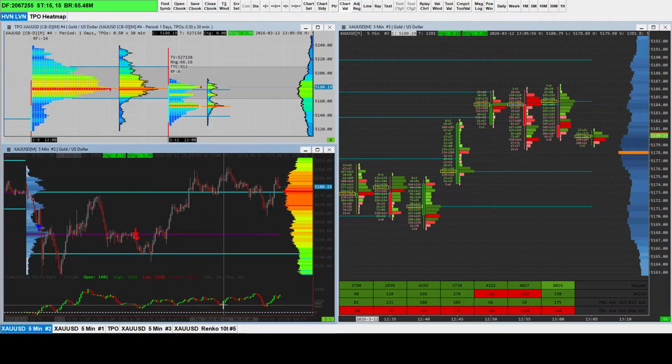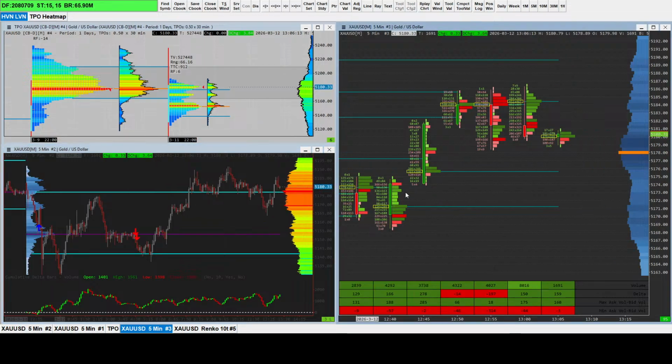Over here we had a little bit of divergence, you can see from this low to this low, and the market went up. And look at this high, there's a little bit of divergence going on. Also notice previous day's value area high is still untapped, so very likely the market will go and claim that.